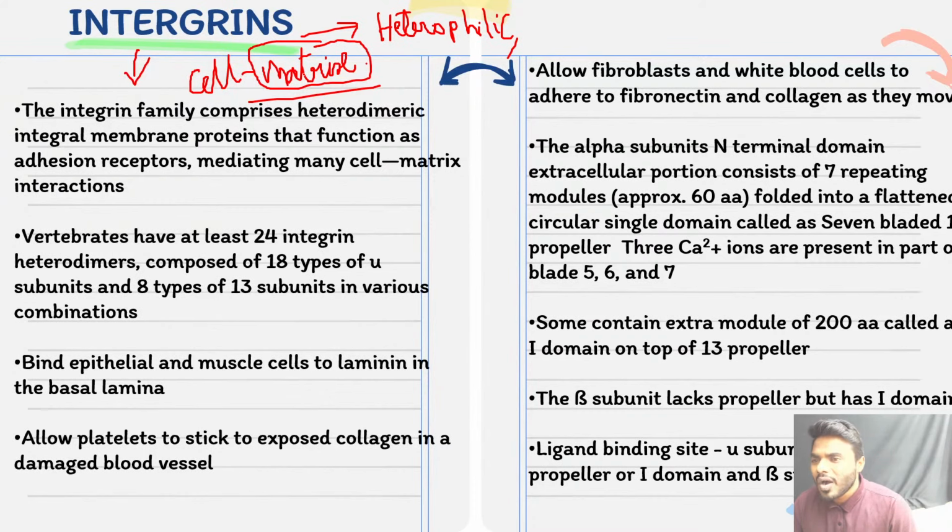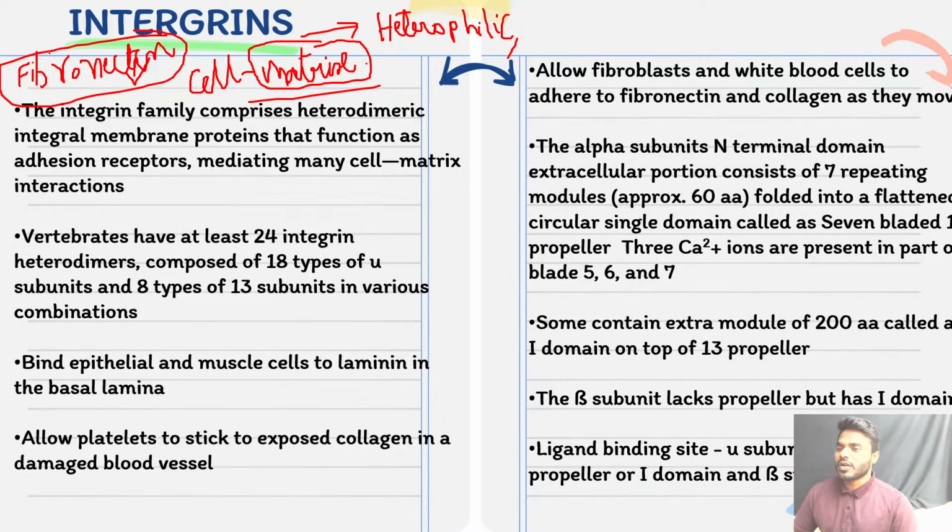What is the name of that particular matrix protein to which integrin will be associated more commonly? That is fibronectin. It will associate with many other proteins also, friends, but majorly, integrin associates with an ECM protein called fibronectin. Kindly do not get confused with this particular point.